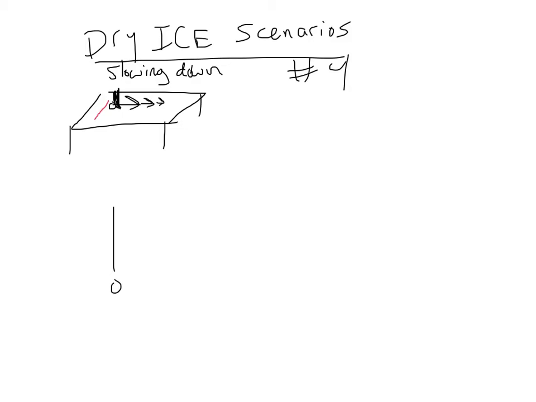If we look at the motion map again, starting off with long arrows because it was moving quickly, those arrows are getting shorter because it's getting slower and slower, and eventually it stops. Now the acceleration then would be in the negative direction to the left, because whenever it's slowing down, the acceleration is in the opposite direction of the actual travel, or the velocity.